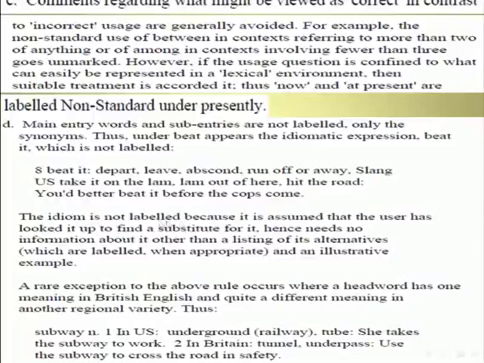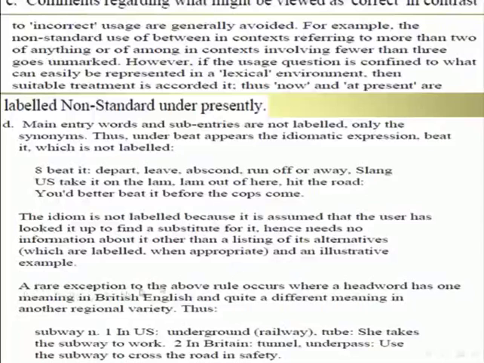The idiom is not labeled because it is assumed that the user has looked it up to find a substitute for it. Hence it needs no information about it other than a listing of its alternatives, which are labeled when appropriate. An illustrative example.